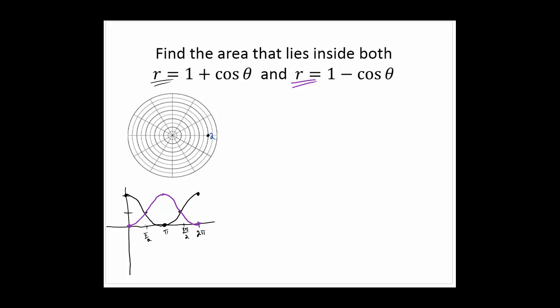So I've got the point pi over 2, 1, so that would be here. And then it goes to 0 at pi, back out to 1 at 3 pi over 2, and then back out to 2 at 2 pi. So I get a curve that does something like this.